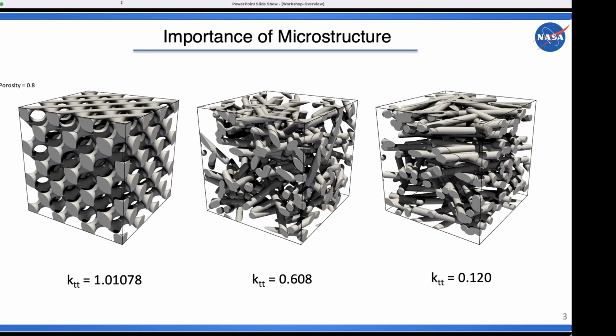It has the same constituents, the same porosity. You end up with extremely different effective material properties based on that microstructure. So this is what PuMA is attempting to do, is take the microstructural data and help you extract material properties from it.